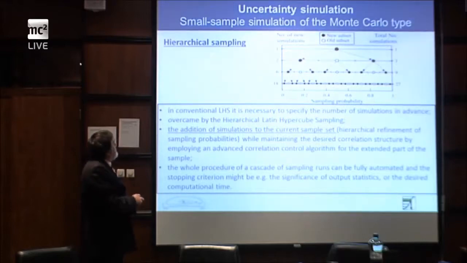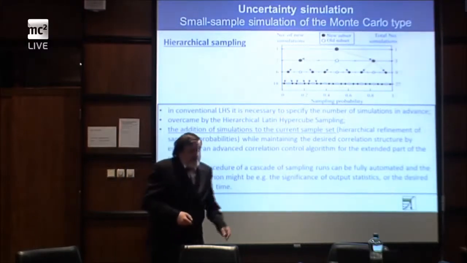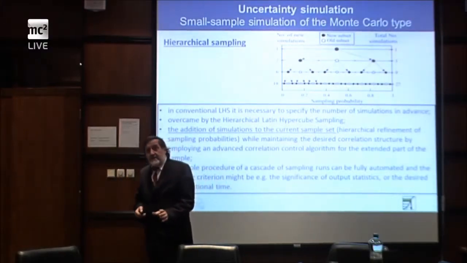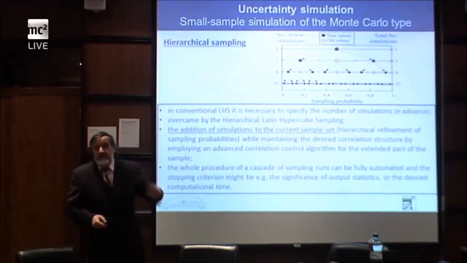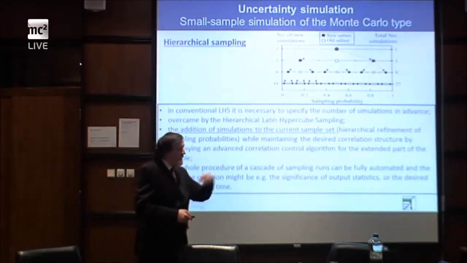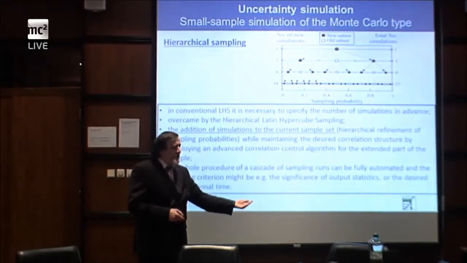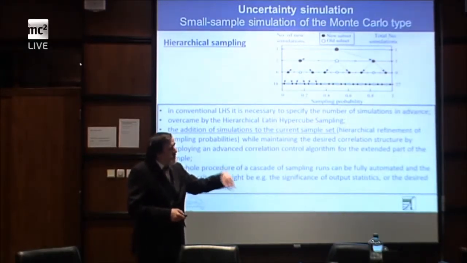This slide shows so-called hierarchical sampling. Actually, in the standard Monte Carlo technique, you can add simulations as you want. There is no problem. You perform 20 or 50, and you want to make better results, so you impose the next 50 simulations, and these first simulations are not lost.